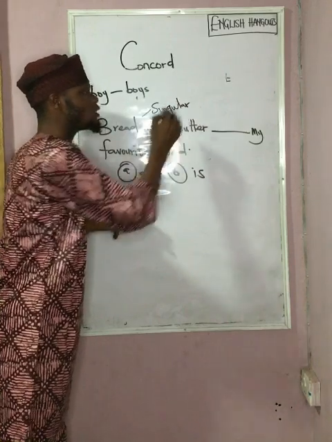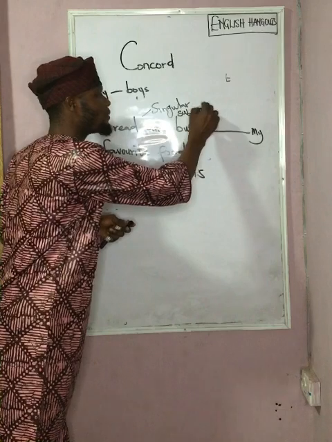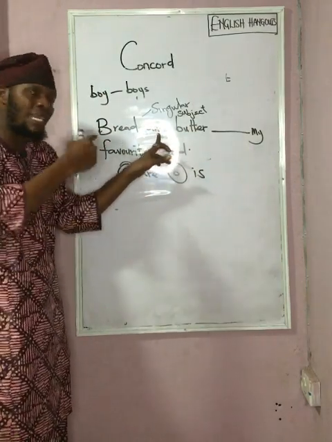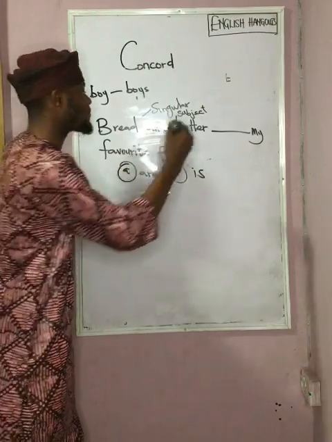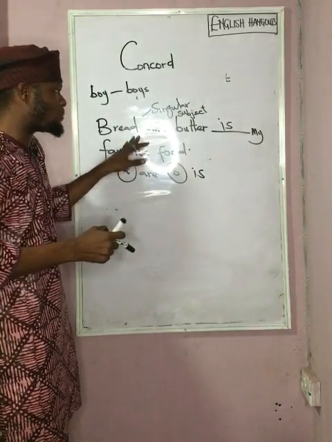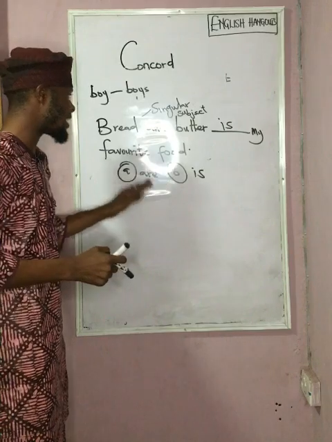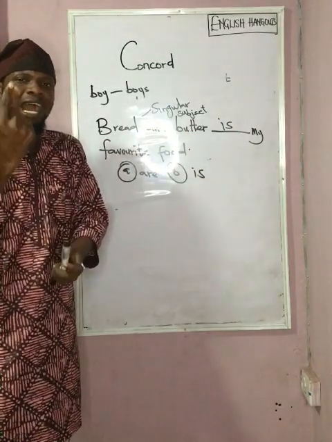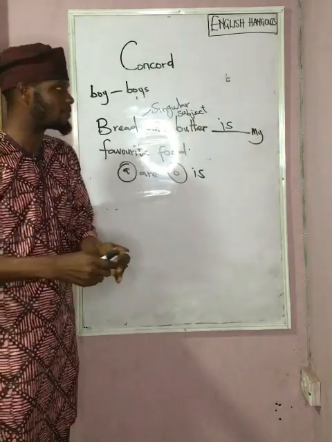Therefore, the verb that must agree with this subject, despite the fact that we have an and here, should also be singular. Bread and butter is my favorite food, not bread and butter are my favorite food. The reason is that bread and butter is functioning here as an idea, as an entity. Therefore, this is a singular subject.